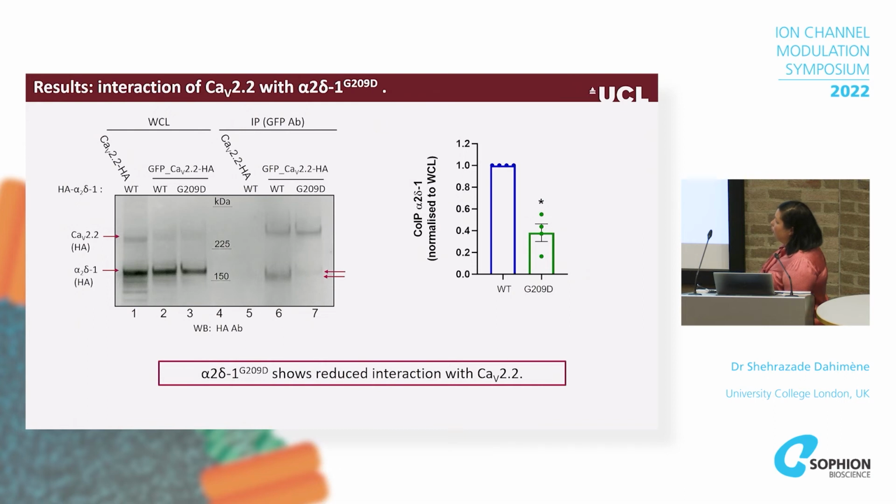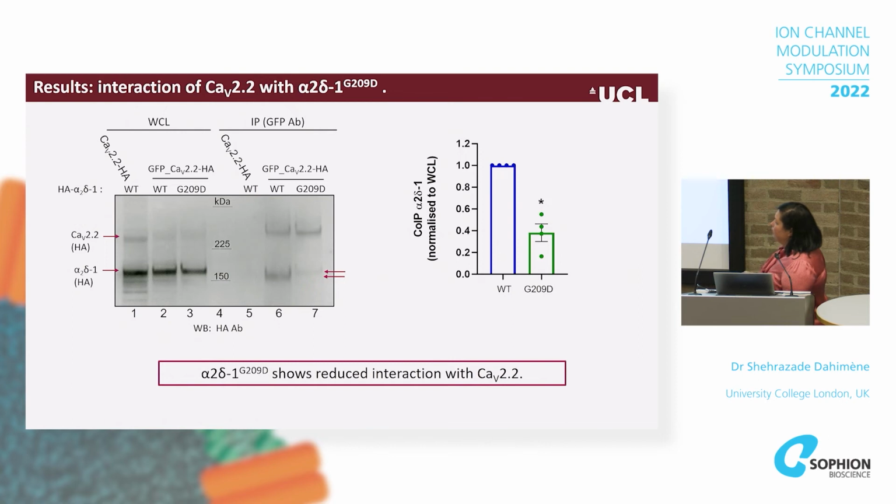By doing a Western blot, we can detect in the same Western blot, using HA antibody, CAV2.2 and alpha-2 delta-1. We used as negative control a CAV2.2 HA with no GFP, as we used a GFP antibody to do the immunoprecipitation. And this is shown in here, the negative control with no GFP in the N-terminus.